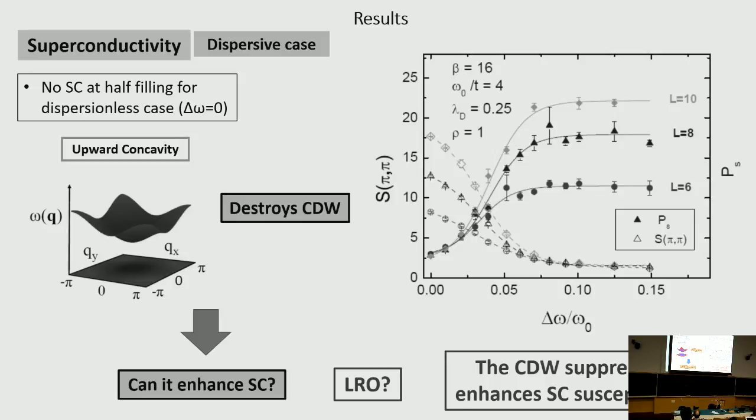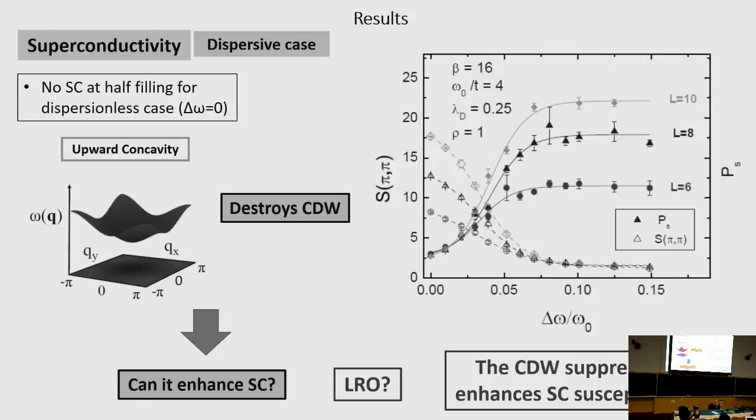If you see here, for instance, the dashed line corresponds to the charge structure factor, while the solid line is the S-wave susceptibility. We see that when the charge structure factor goes to 0 or is suppressed, we have a very, very large enhancement of S-wave superconductivity.